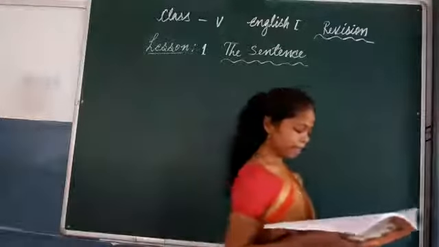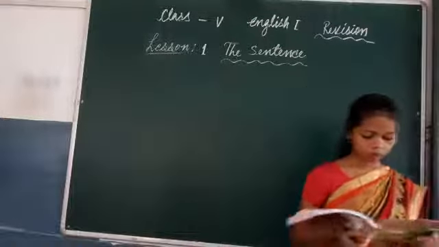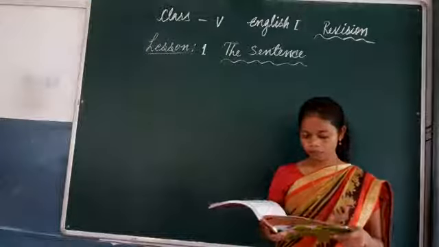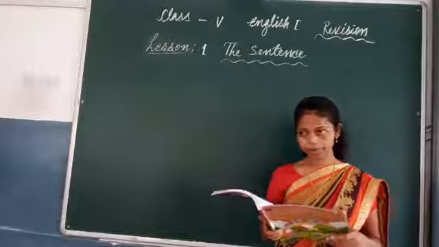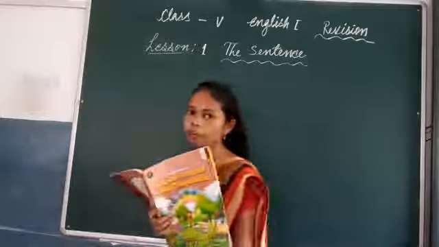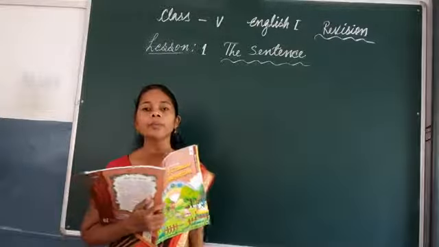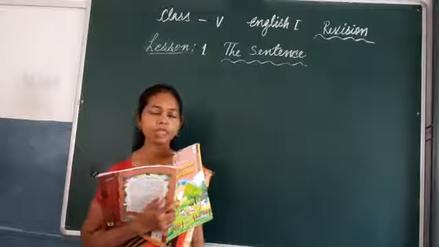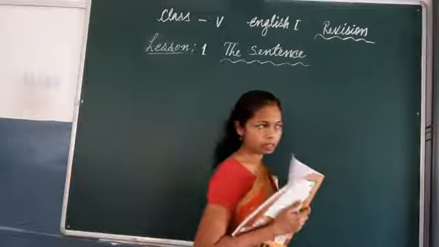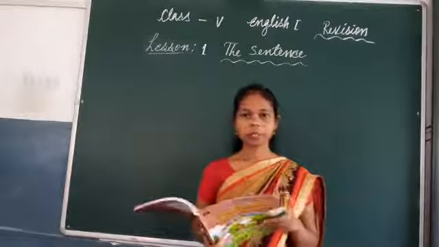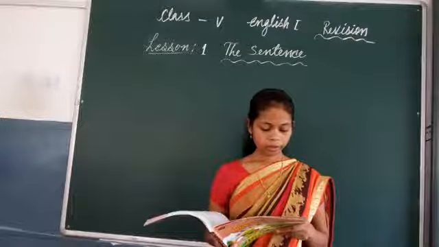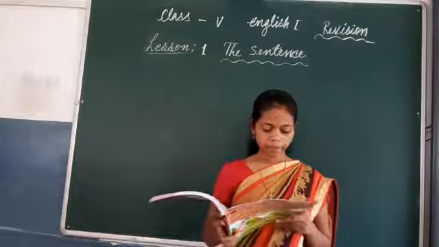Remember, verbs like is and are, have, was, were, etc. will always be in the predicate column. They will not come in the subject column. Okay. So, please remember.